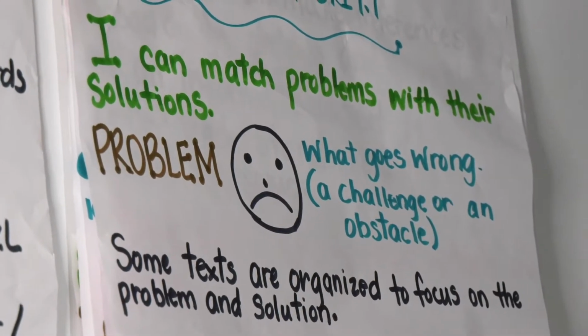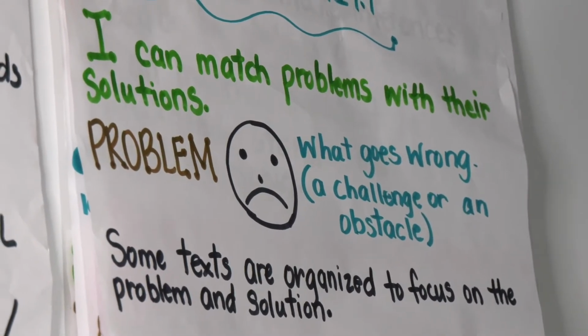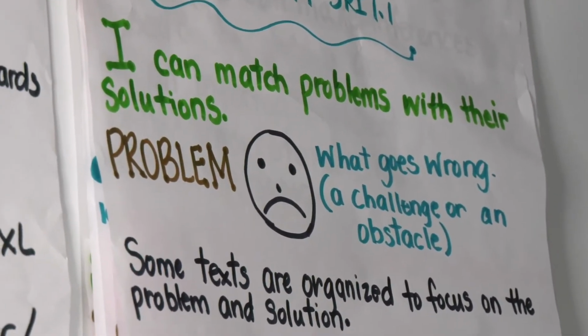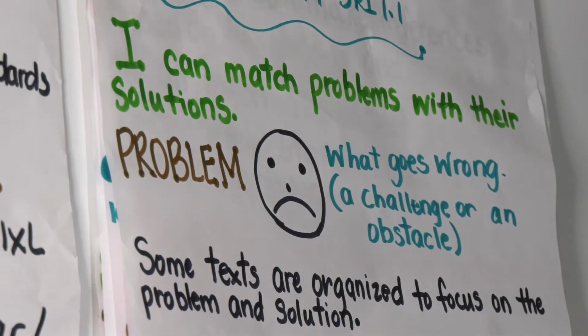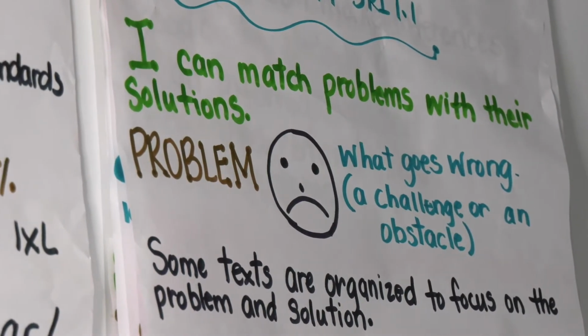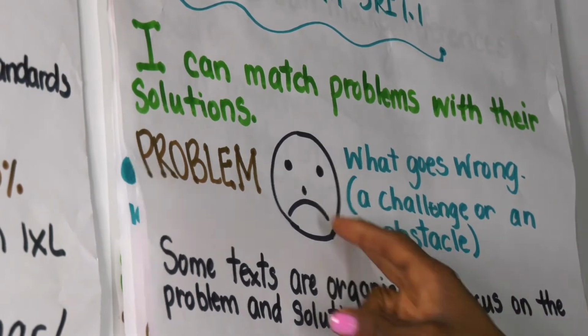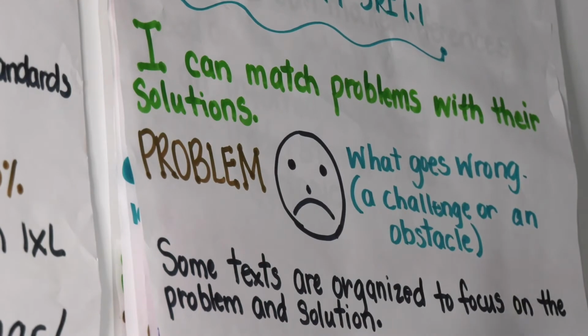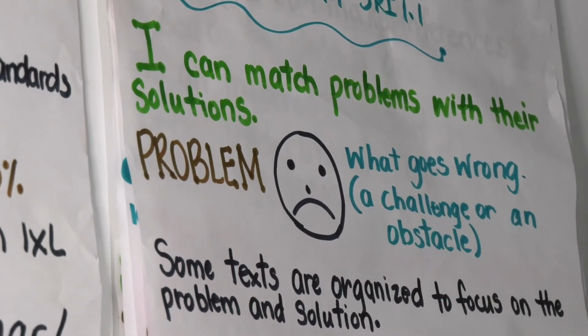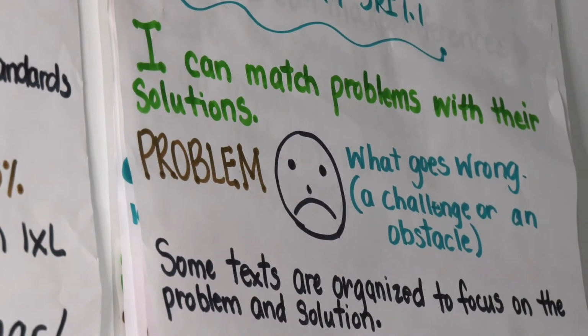It's usually a challenge someone is faced with, or an obstacle, something in the way that's preventing something from occurring. That's the problem. Normally when we have a problem, we're trying to use our brains. We're not so happy about it, most of the time, because we're trying to figure it out.